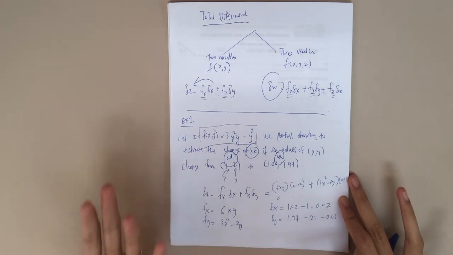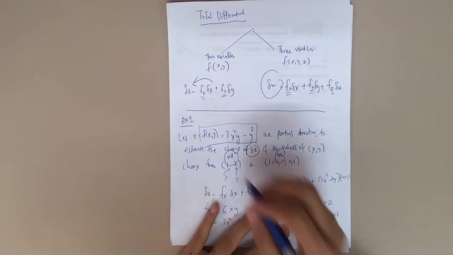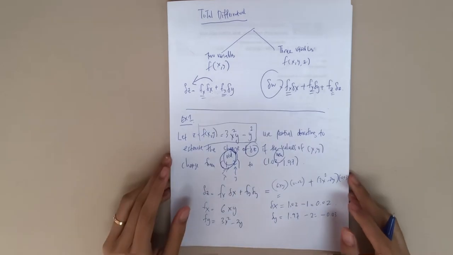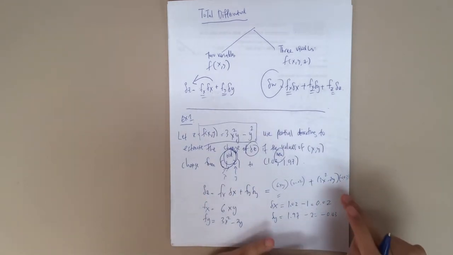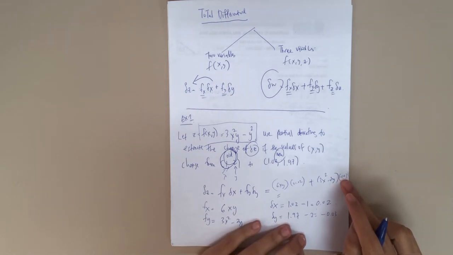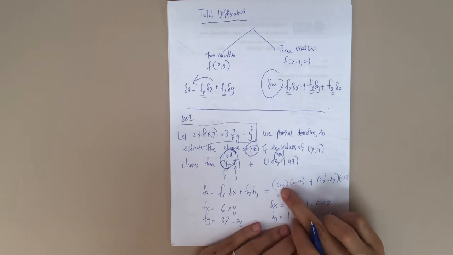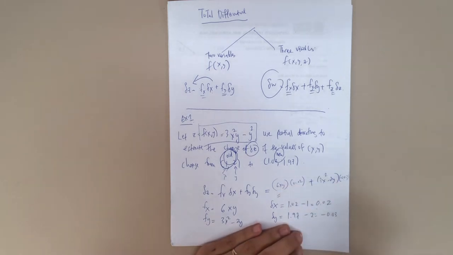So which values will you substitute here? It is the old value. Every time when you get up to this stage, you should substitute the x and y with the old value, not the new one.